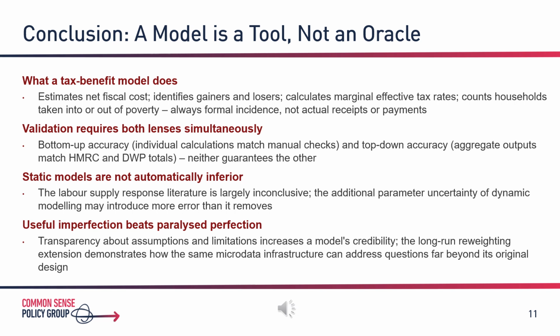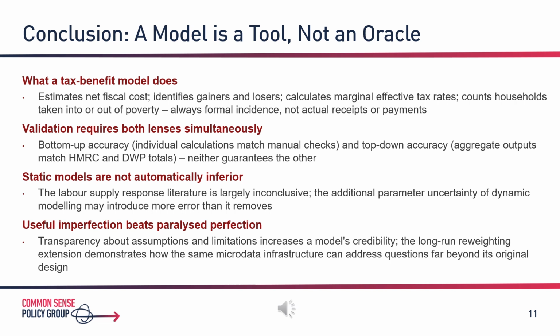The model does what it is good at, applying rules to household data. Forecasting the population and economy is delegated to ONS and OBR, who are better placed to do it. That division of labour is a model of how to extend a tool without overextending it.